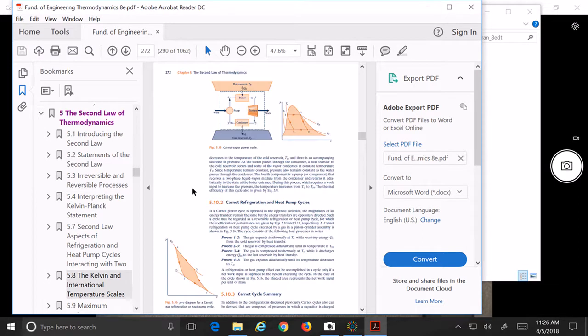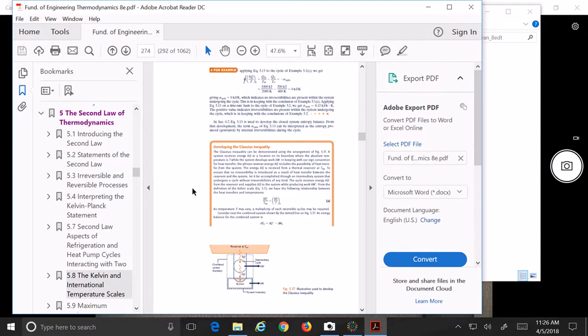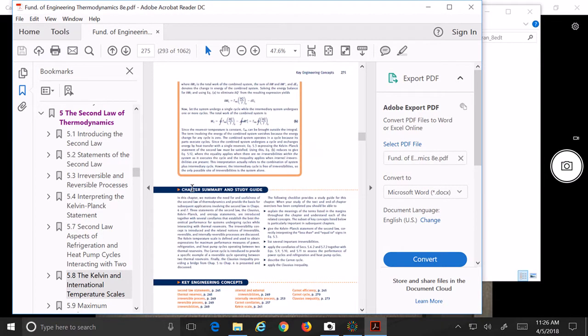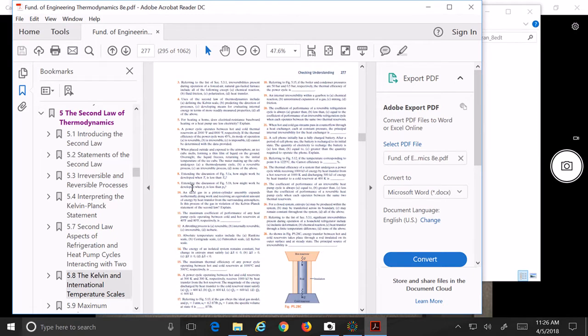Straight to the problems. See what we want us to do. Okay, this is the part that I'm interested in. Problems.